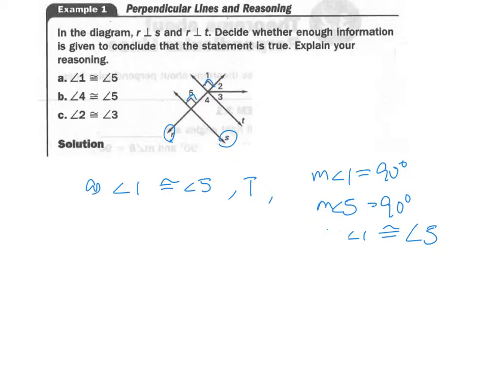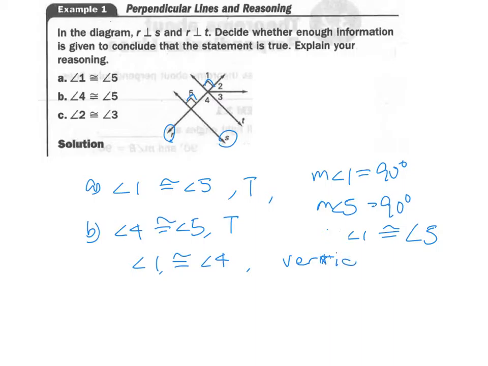And angle 4 and angle 5, do I have enough information to prove that angle 4 and angle 5 are congruent? The answer is yes, because I know that angle 1 and angle 4 are congruent, and that's because they are vertical angles.